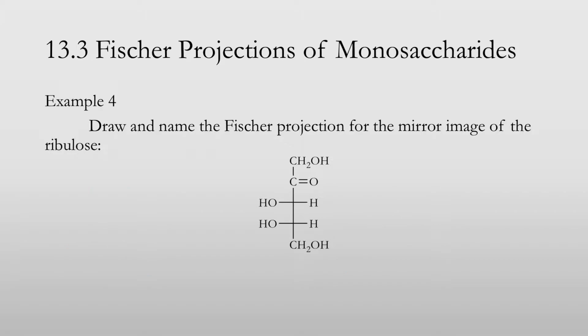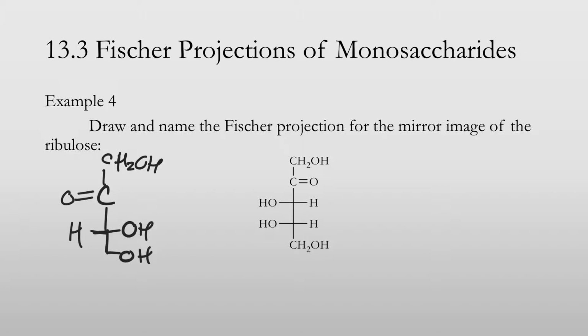Example 4, draw and name the Fischer projection for the mirror image of ribulose. And ribulose is actually going to look like this. Okay. And what I've done is I drew in there in the first place the answer to this question, the mirror image of it.